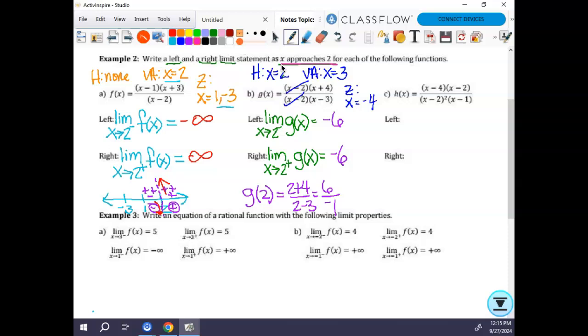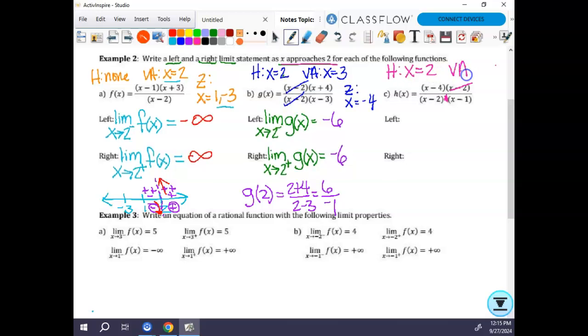All right, so the first thing we want to do on C to get our limits here is we need to see if we can cancel anything out. Okay, so I can cancel this out with one of those. And that's all I can cancel, so it looks like I have a hole at x equals 2.